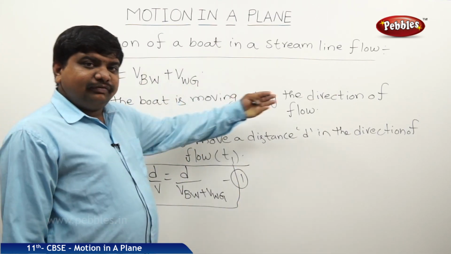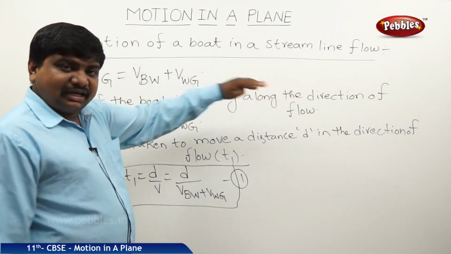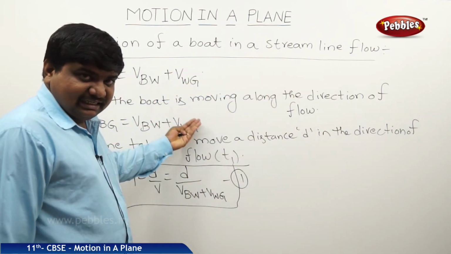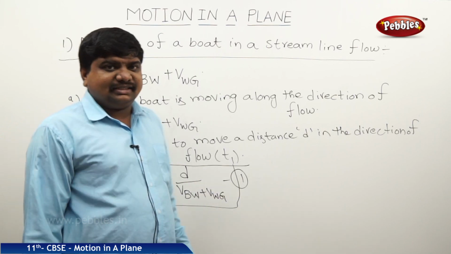If the boat is moving opposite to the direction of streamline flow, then the equation will change. Now we will find the ratio for this case.